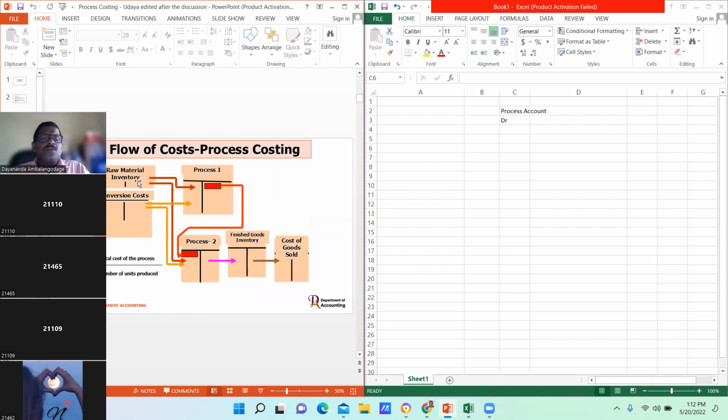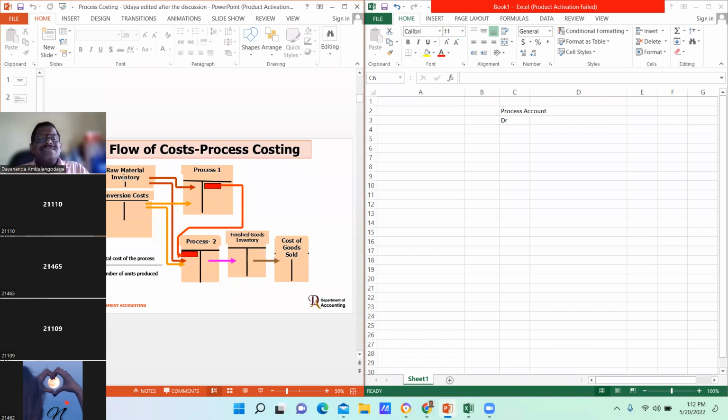Flow of costs in processing: material, inventory, conversion cost. What does conversion cost mean here? Direct labor, overheads, all other costs incurred in converting the raw material into the output. From process one, the output is transferred to process two.